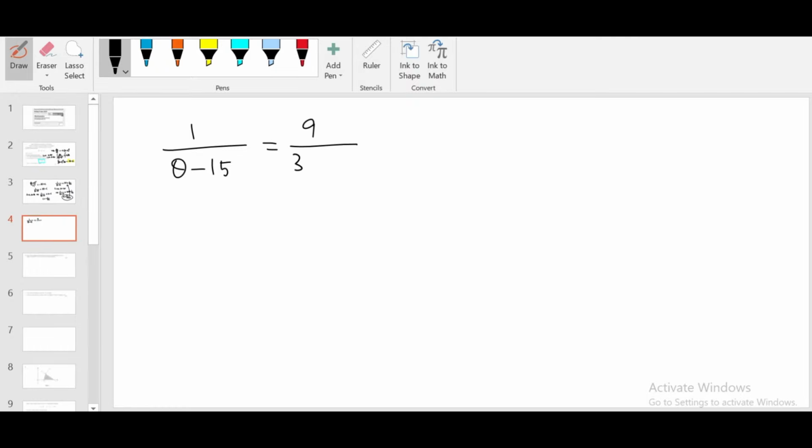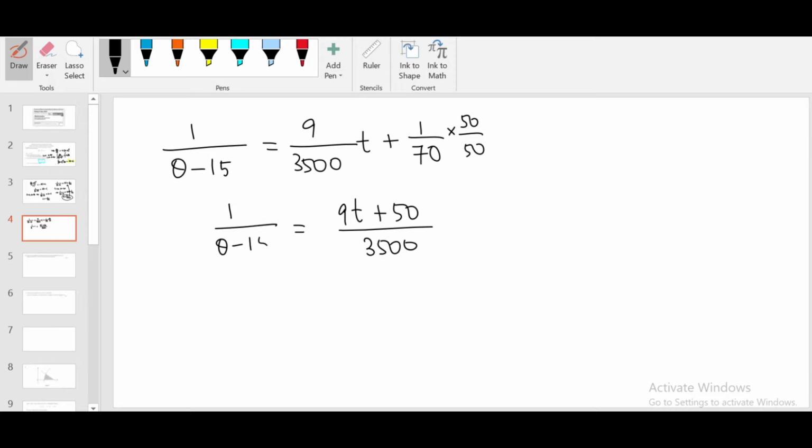We calculated k as 9 over 3500, so 9 over 3500 t plus 1 over 70. I'm going to multiply this also by 50, divide by 50 to make it a common denominator. So I will get 90t plus 50 divided by 3500. That's 1 over theta minus 15. Flip both sides. Theta minus 15 will become 3500 divided by 90t plus 50.